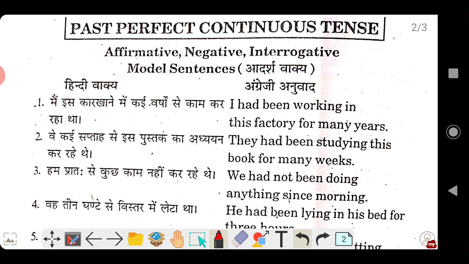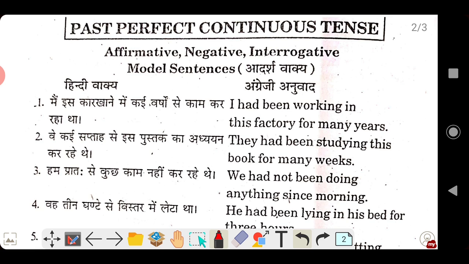I hope you have watched my previous video session where I told you about the rules. If you have not, don't worry, I will tell you right now. The framing rule of this past perfect continuous tense is subject plus had been plus verb first form with ing plus object.